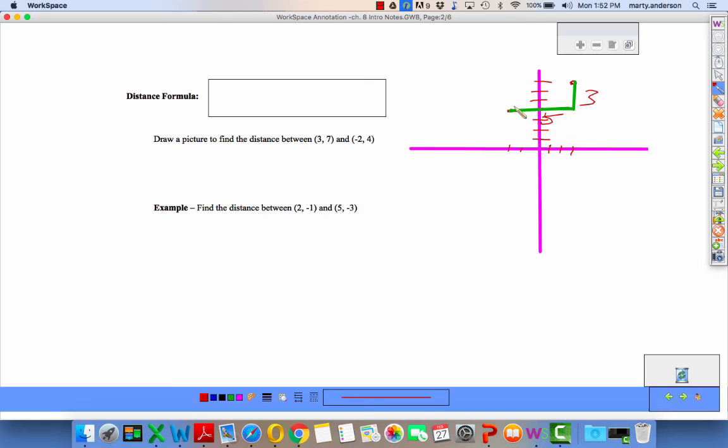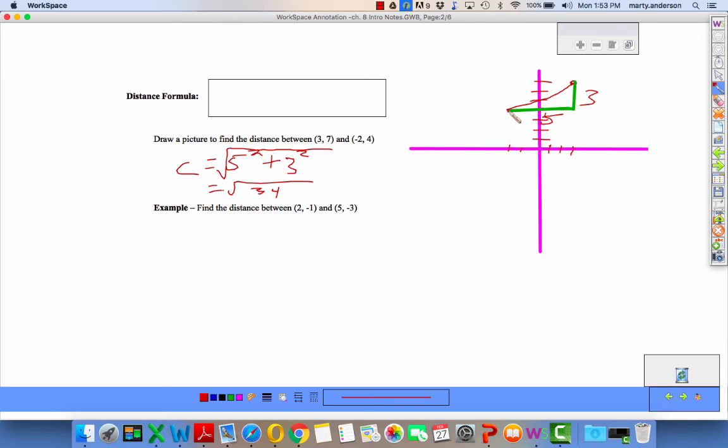Then we use our Pythagorean theorem: 5 squared plus 3 squared is equal to c squared, c being the distance. We're going to square root that, so we get the square root of 34. In exact values it's the square root of 34, which must be 5.8 or so.